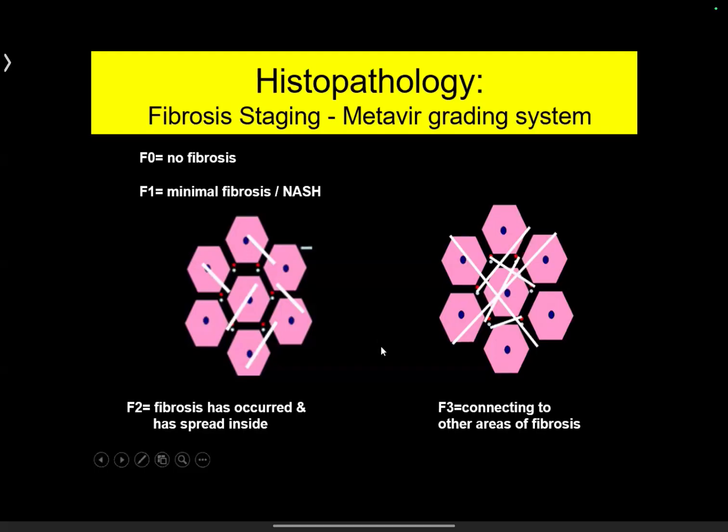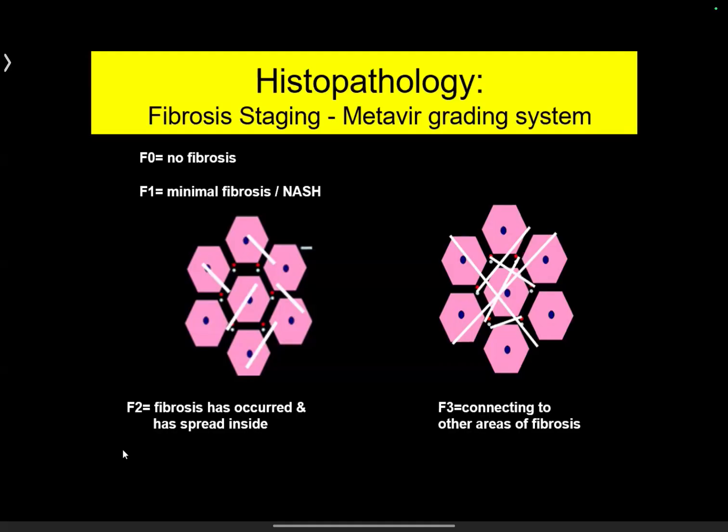Inflammation starts, and you know, anywhere in the body if there is inflammation, the healing is by fibrosis. So the fibrosis staging on pathology is done by something called the Metavir grading system. F0 is no fibrosis. F1 is minimal fibrosis.